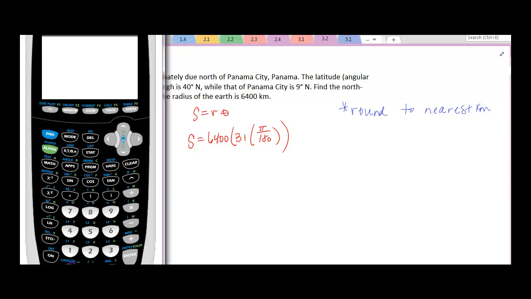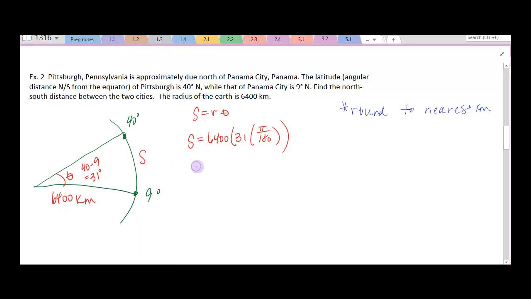So if I say 6,400 times 31 times pi divided by 180, rounded to the nearest kilometer, I find that the distance would be 3,463. So the length is 3,463 kilometers. Okay, so that's how we would use arc length if we're trying to find distance. Kind of neat to think of the earth that way.